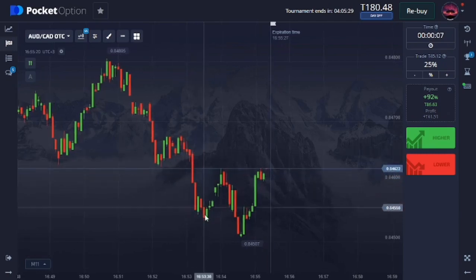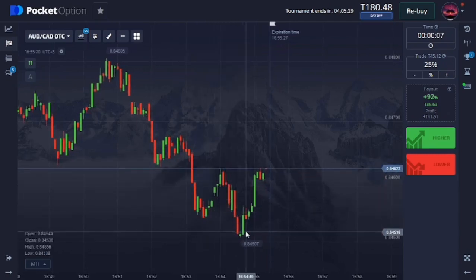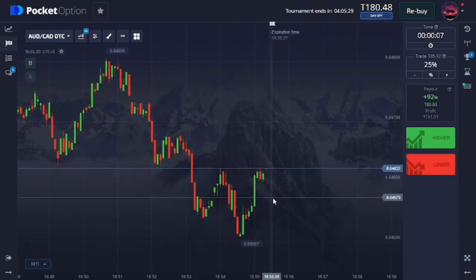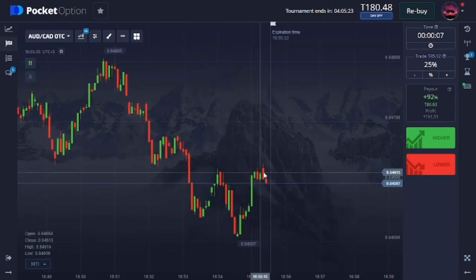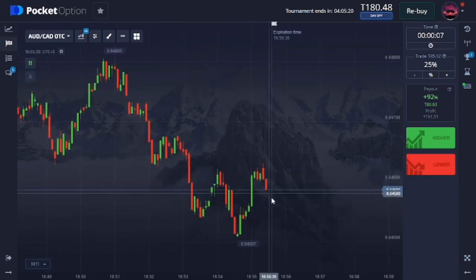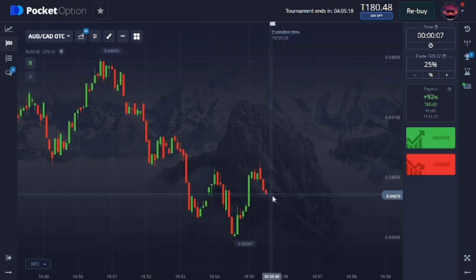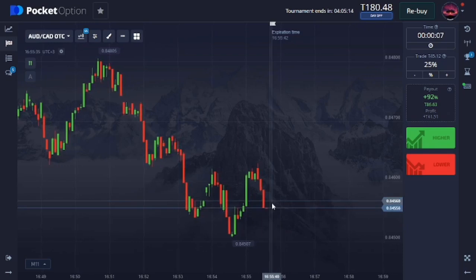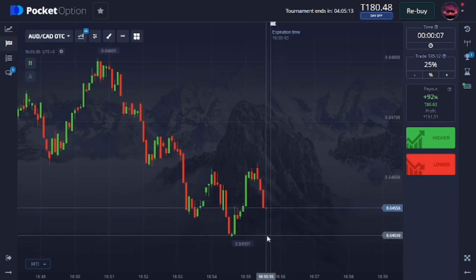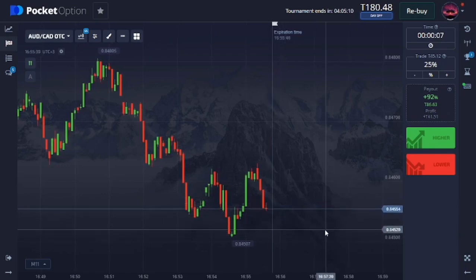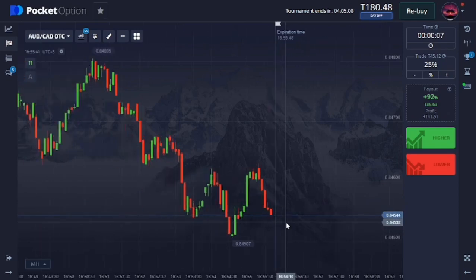If this one will be like a Wyckoff pattern, if it retraces back here and then continues its trend to the upside. If it doesn't, then the Wyckoff pattern will fail and there is no problem.